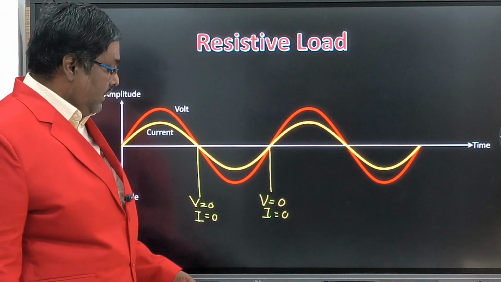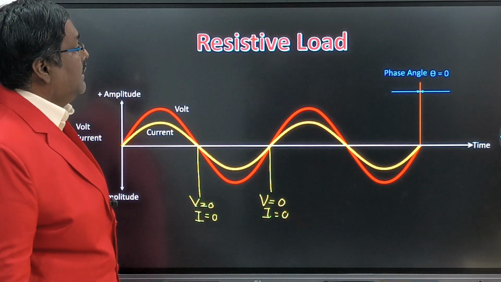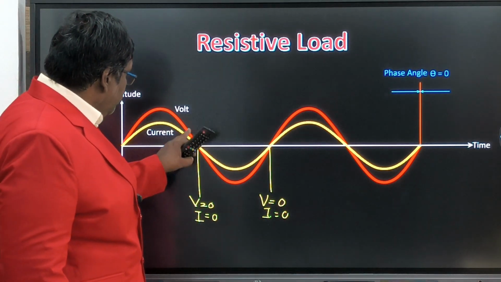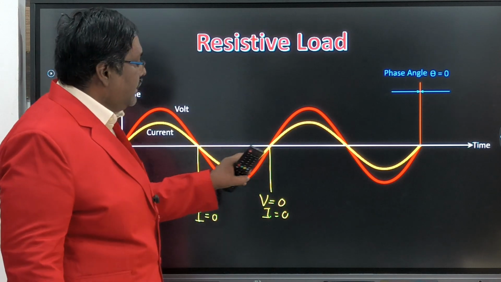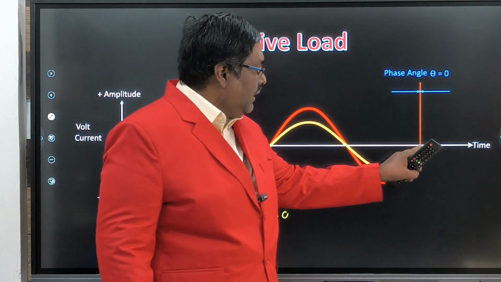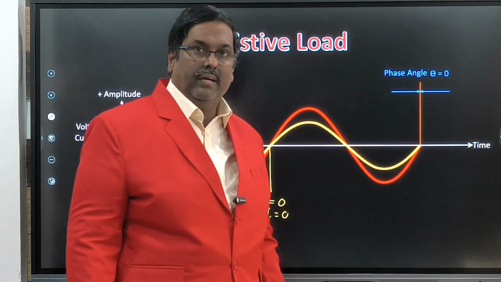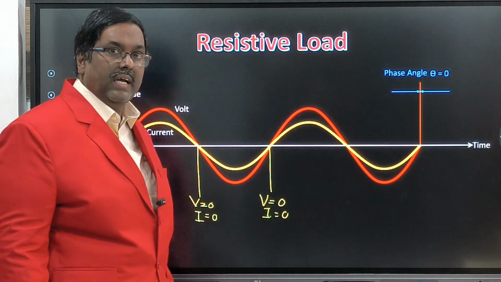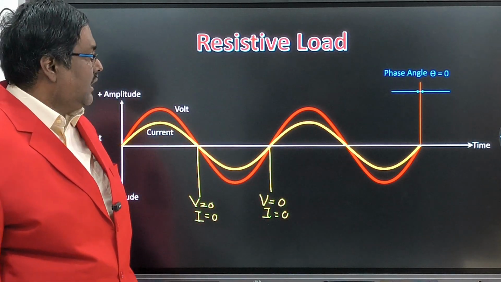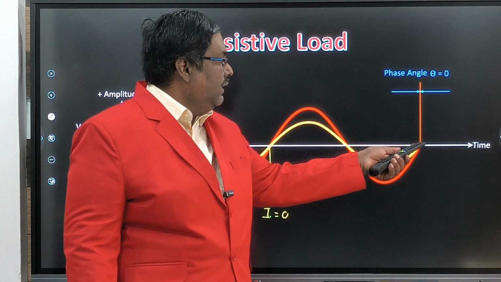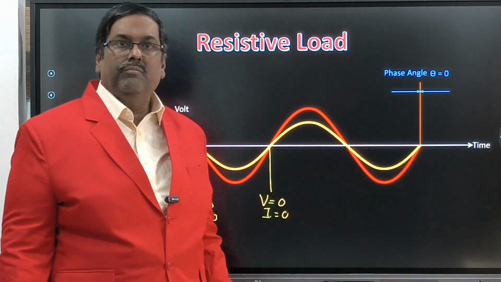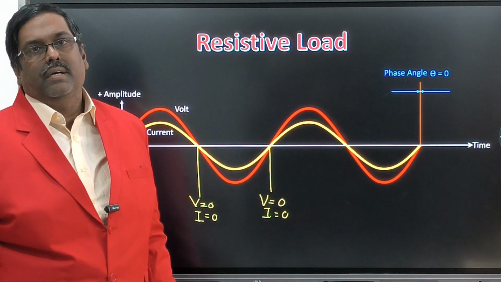Now the inductive load, how does it come? Look at the difference between the points where the current and voltage curves cross the 0 line. I told you, time we are calling a degree, 360 degrees, right?